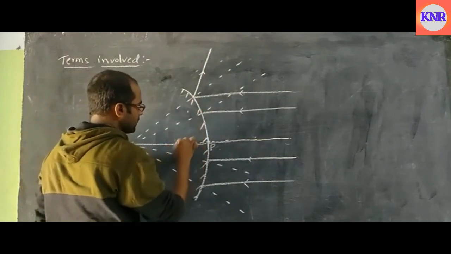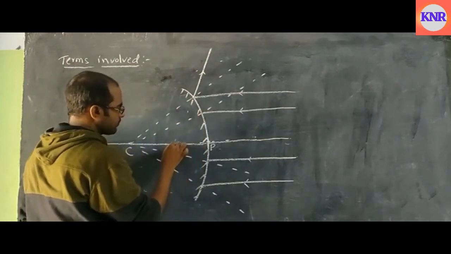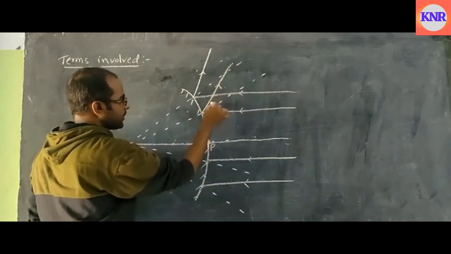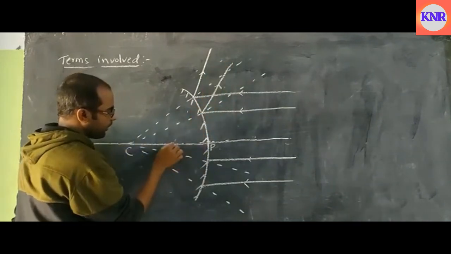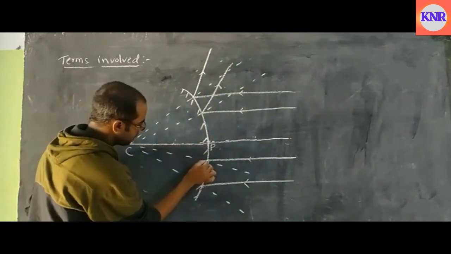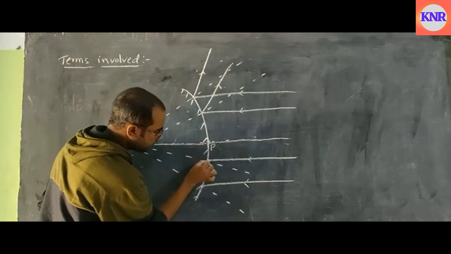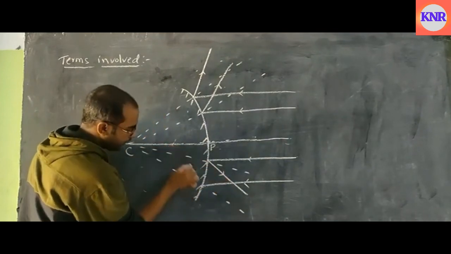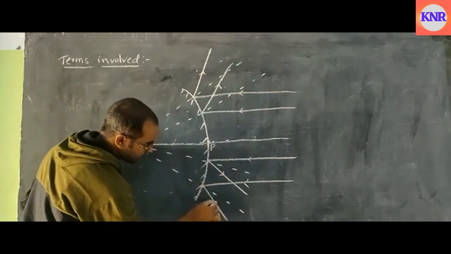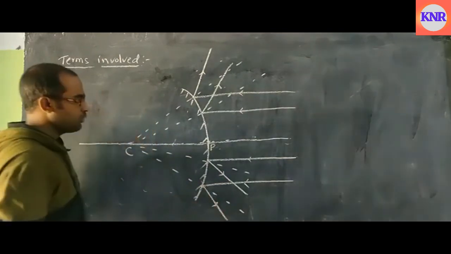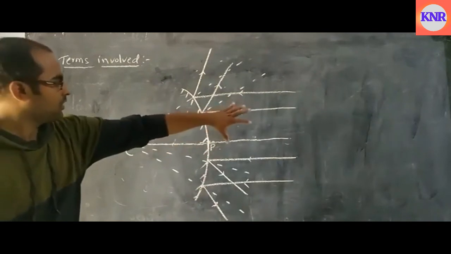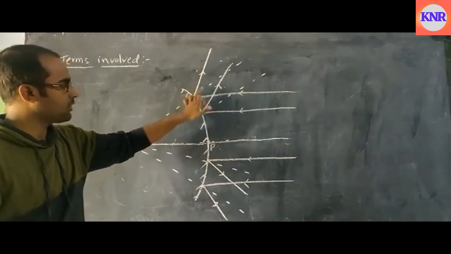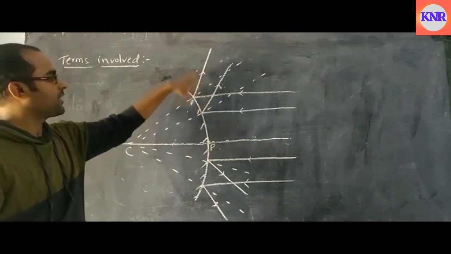Next, for this, like this, it is the reflected ray, and for this it is the reflected ray, and for this it is the reflected ray. So here you can see that all these are incident rays, and after reflection they are reflecting back.